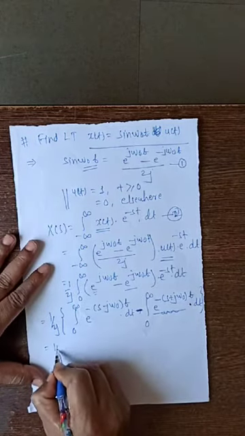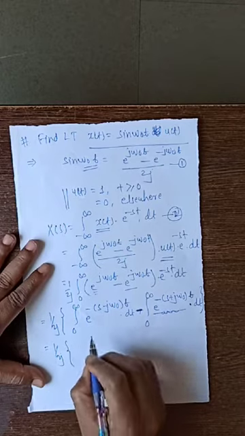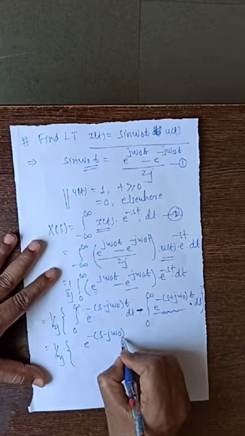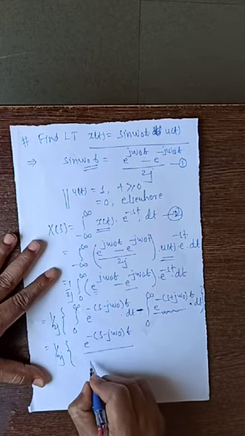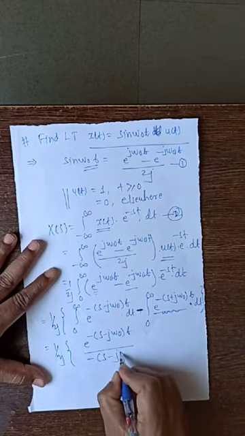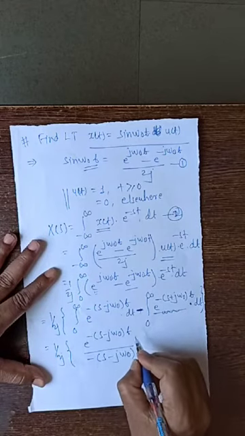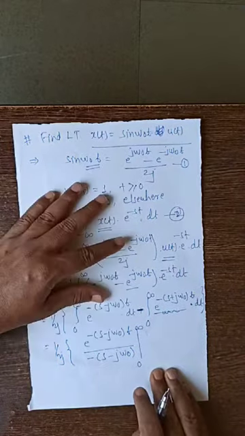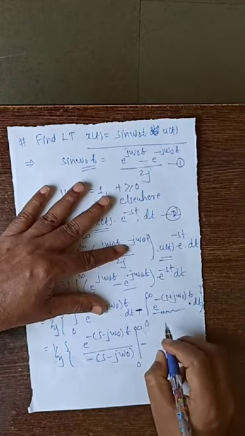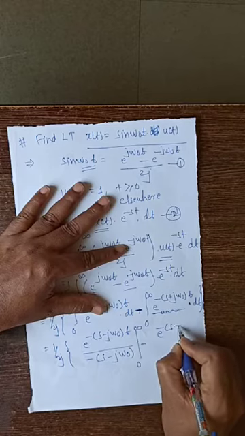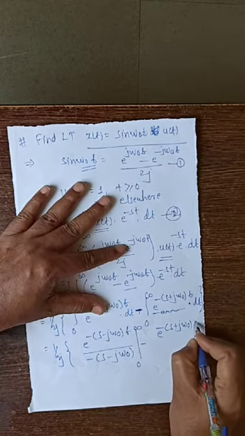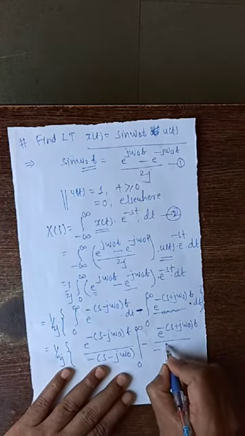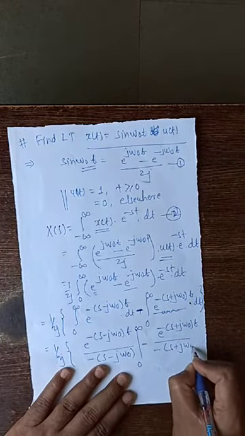Apply the integration. 1 upon 2j into bracket, e raised to minus (s minus j omega naught) t divided by minus (s minus j omega naught), put the limits 0 to infinity, minus e raised to minus (s plus j omega naught) t divided by minus into bracket (s plus j omega naught).